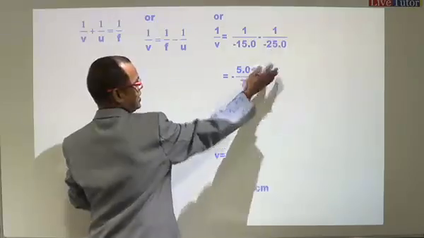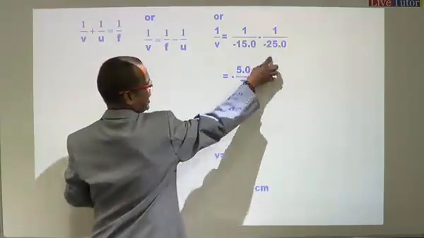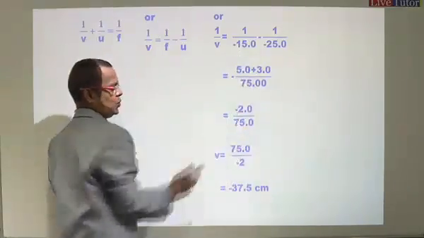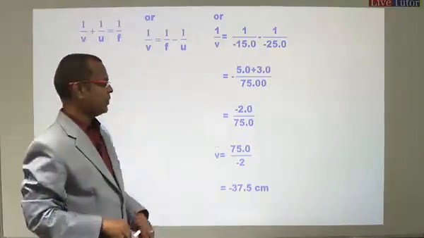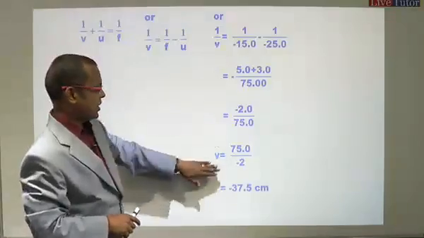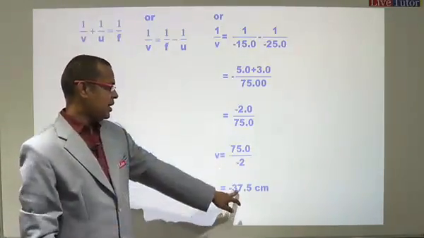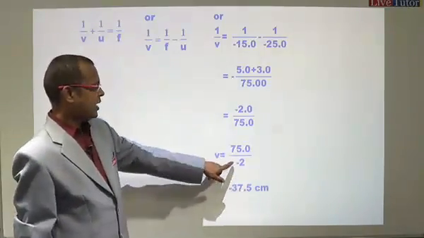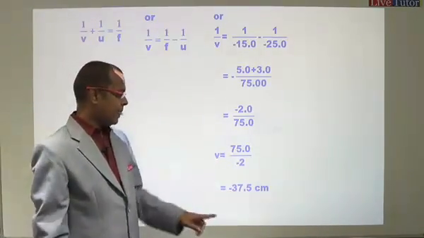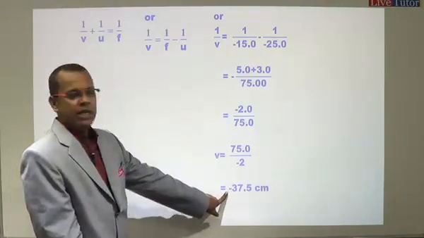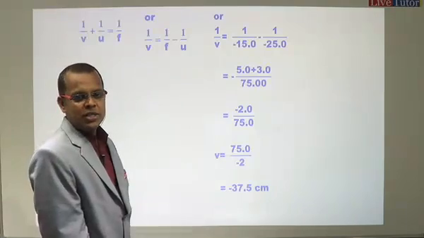So 5 plus 3. This is minus minus plus, and here it is minus. So minus 5 plus 3 becomes minus 2. So minus 2 by 75. And when you take the reciprocal of that, it becomes 75 by 2, which is nothing but 37.5, and here it is minus, so we take minus. So v is equal to minus 37.5. Now tell me about the image.